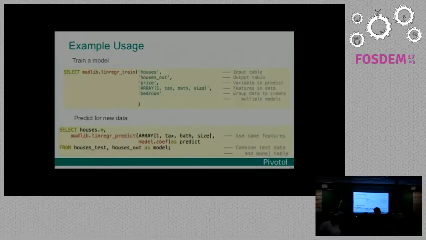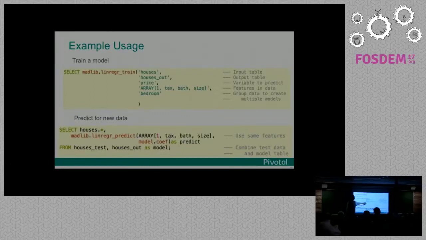The way MADlib works is that it's SQL based, so it's a declarative function call within a select statement. This is just an example for training a linear regression model. You give it an input table, an output table representing your model. Here you want to predict house prices, given property tax, number of bathrooms, size of the property.